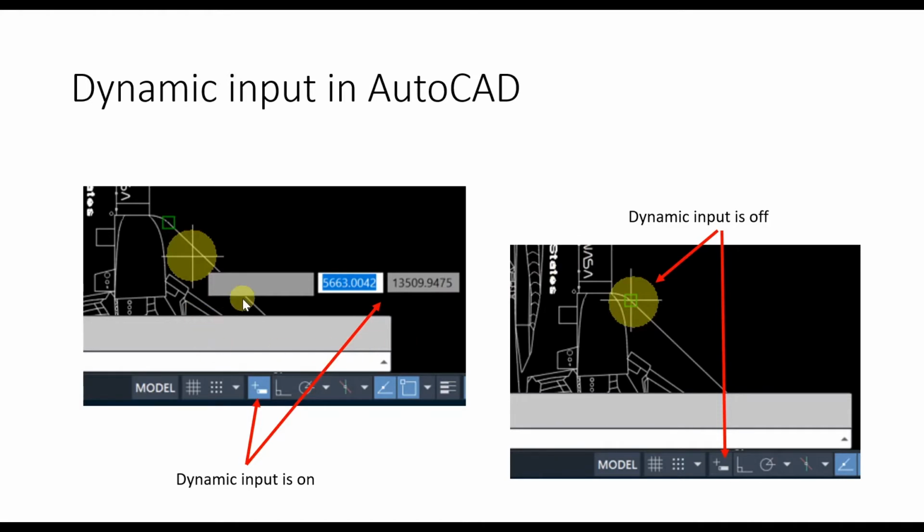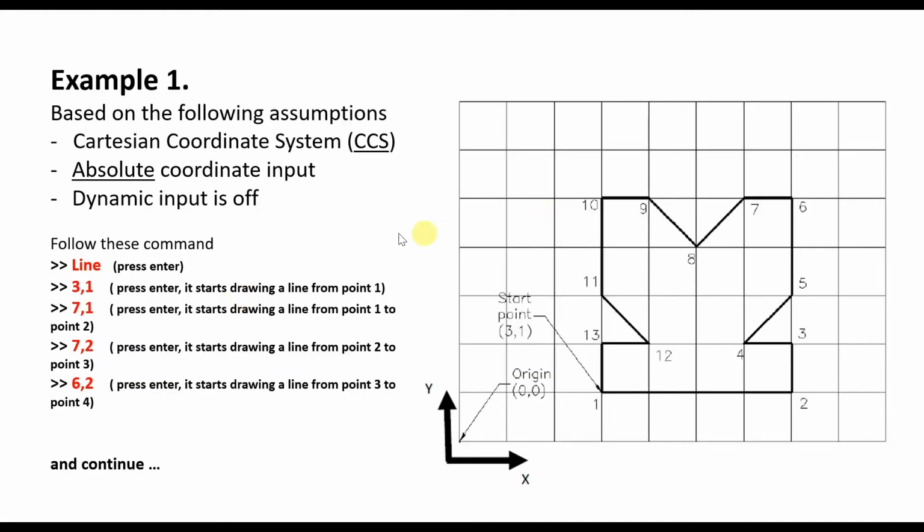So in order to become familiar with what I just explained, we have one drawing, and we're going to draw it in a couple different ways. We're going to start with using a Cartesian coordinate system, and the inputs will be absolute, meaning the coordinate of each point from 1 to 2, from 2 to 3.